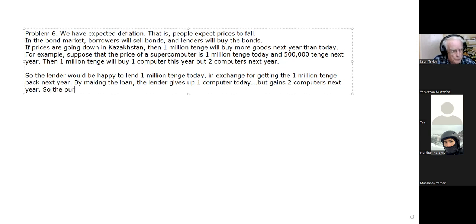So the purchasing power of this money is rising. And so lenders like deflation.